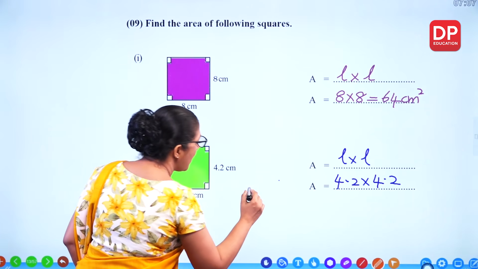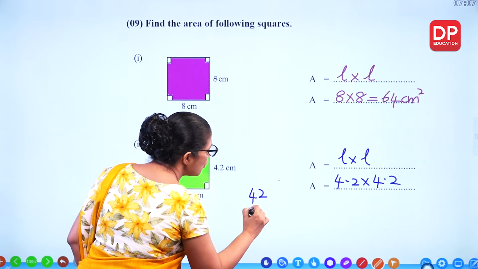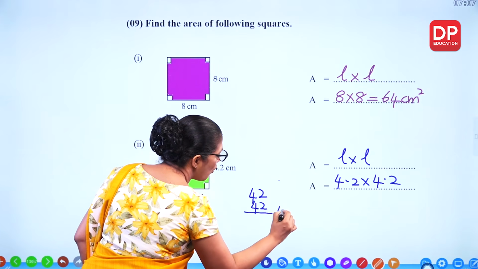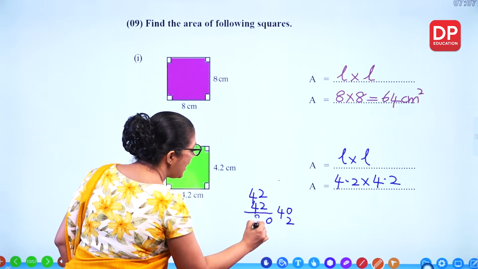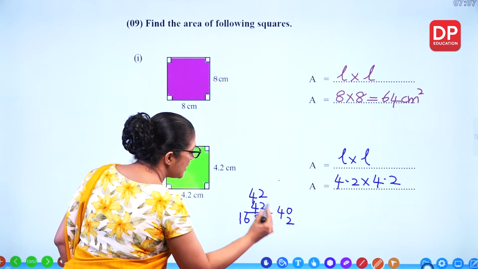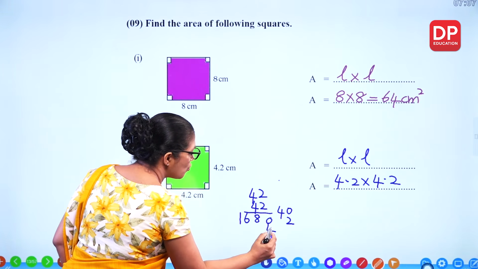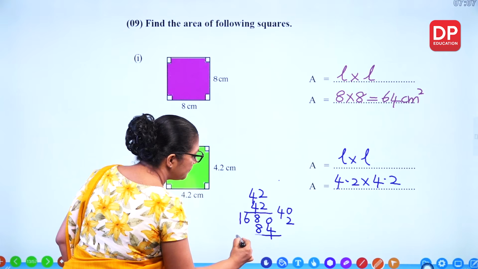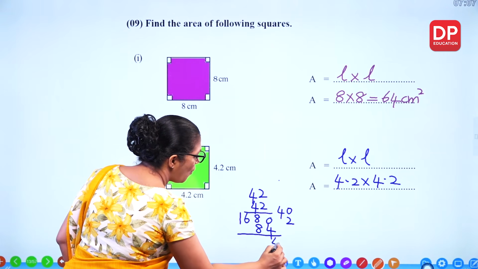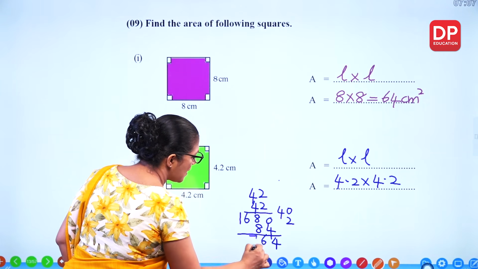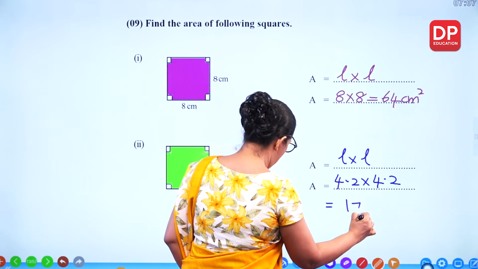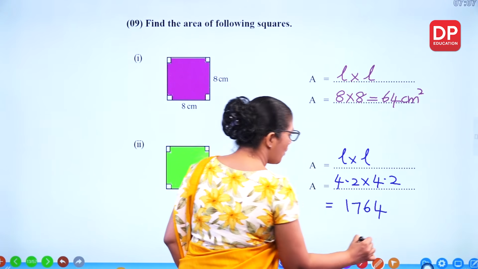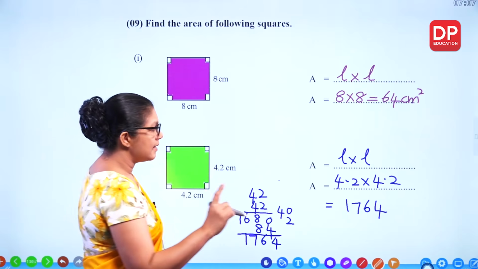So we'll multiply 42 times 42, 40 and 2. 4 times 2, 8, 4 times 4, 16. And 2 times 2, 4, 2 times 4, 8. You get 1,764. That's not the final answer.